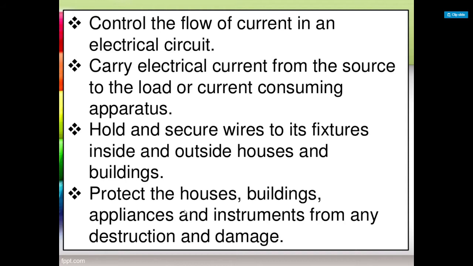That is the fuse or circuit breaker. It protects the house by not allowing the electricity to create so much heat to the point of burning your house because of overloading.